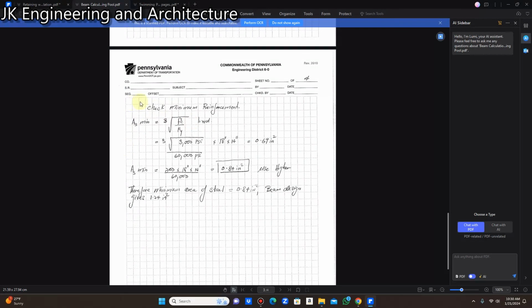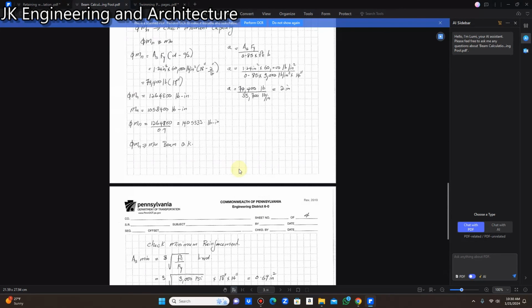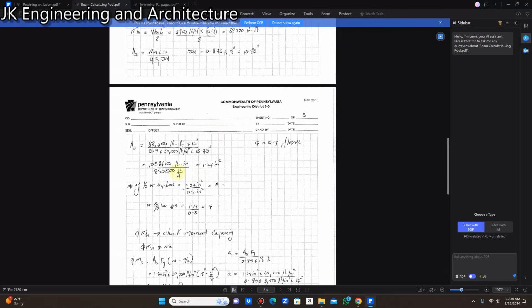And of course I did my checks. I calculate my minimum reinforcement to see if it meets the requirement of the bar. So the minimum reinforcement here for a beam that size is going to be 0.84 inch square. So I'm getting an area of steel of 1.24 inch square, which is adequate.